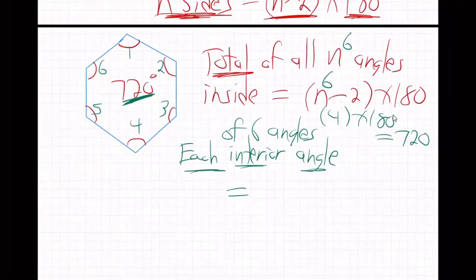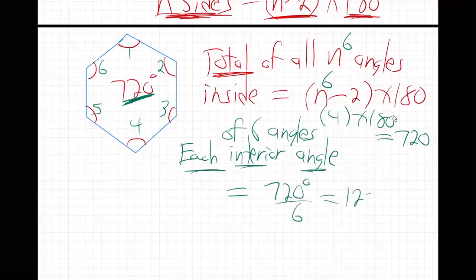If altogether all 6 of them total 720 degrees, how could we figure out what each of them is? What do we divide by 6? Beautiful. Exactly, you just divide by 6, which comes out 120.